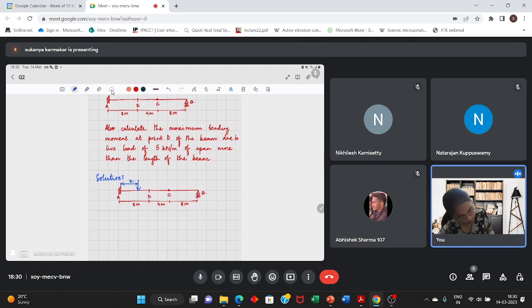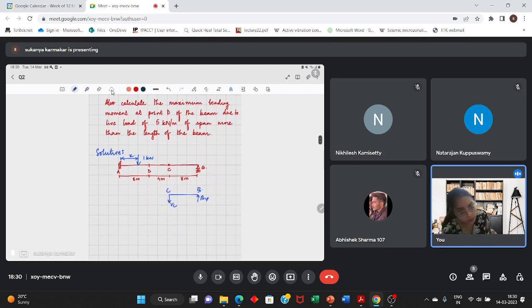Fine, this is a unit load, and I will calculate the support reaction. So first I'll take this portion. Let this reaction be dy, this is C, this is B, and no unit load is acting in this portion. So let's take moment about point C and make it 0.